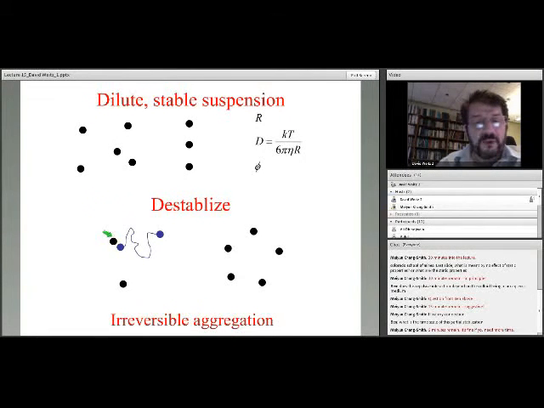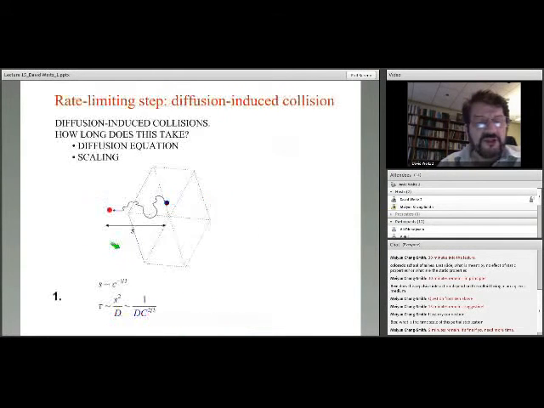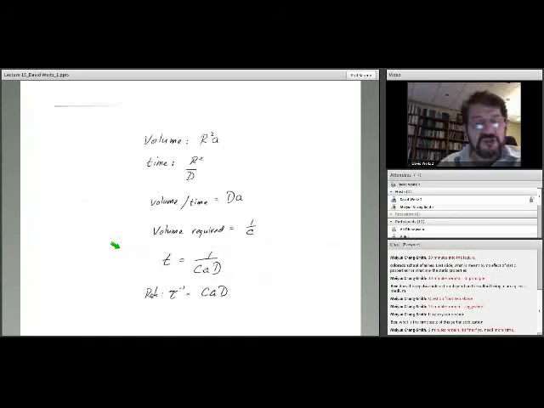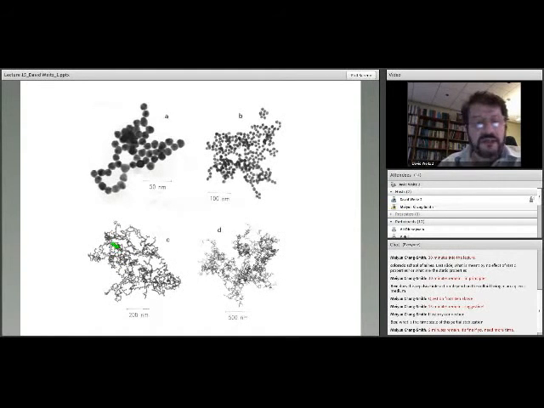These are images of structures taken. These are electron micrographs of colloidal aggregates of different sizes. The scale bars are shown here: this is 500 nanometers, this is 50 nanometers. The particle sizes are the same. These are just aggregates of different sizes shown under different magnifications.